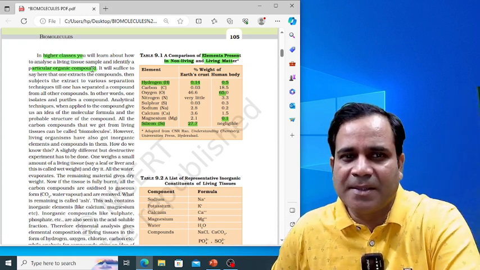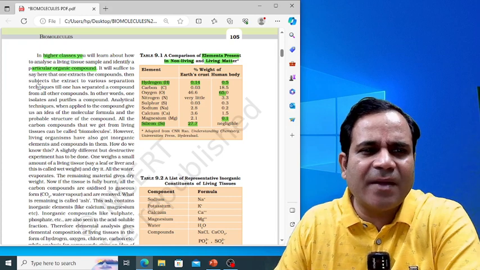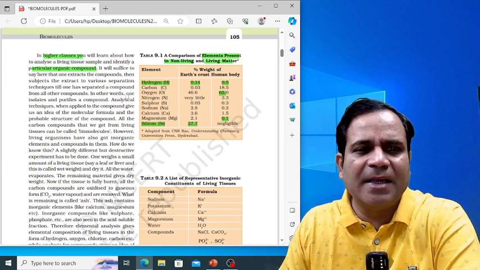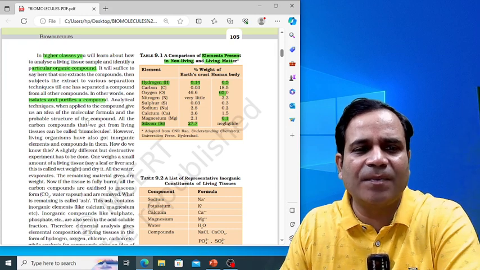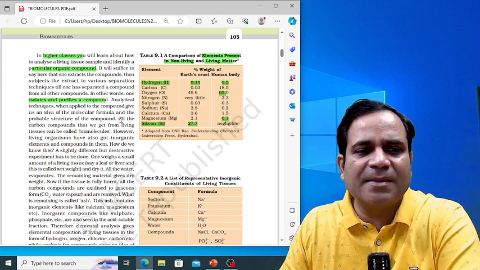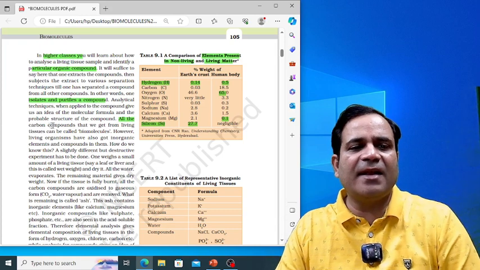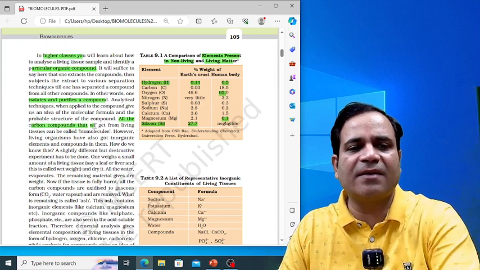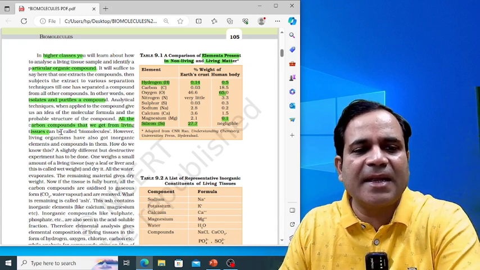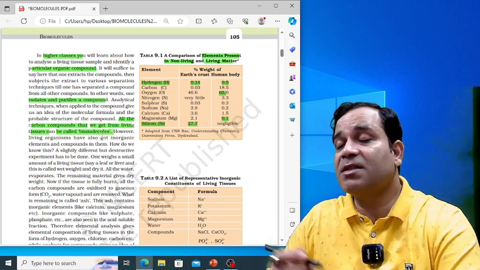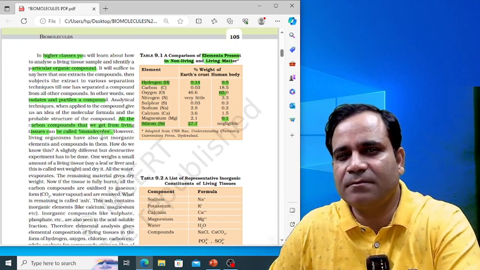Yes or no? Here it is very important to know that, in other words, one isolates and purifies a compound. Here I am saying that all the carbon compounds that we get from living tissue can be called biomolecules. This is a very interesting line, my dear.